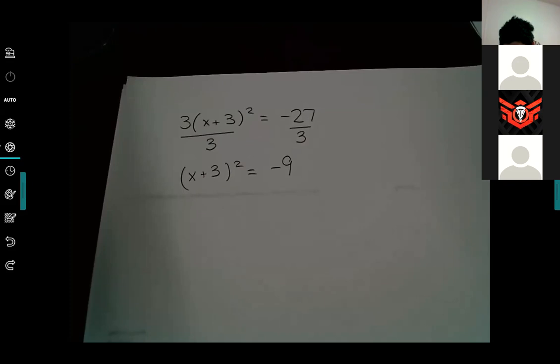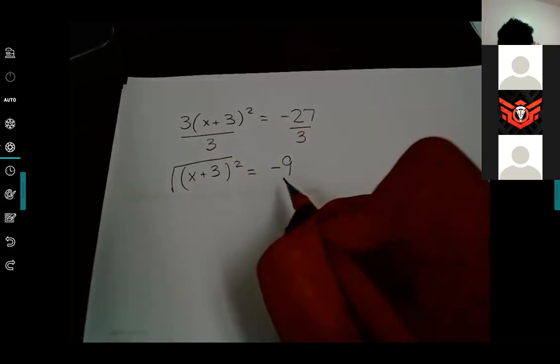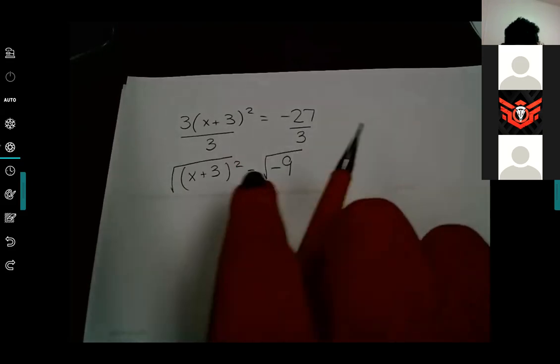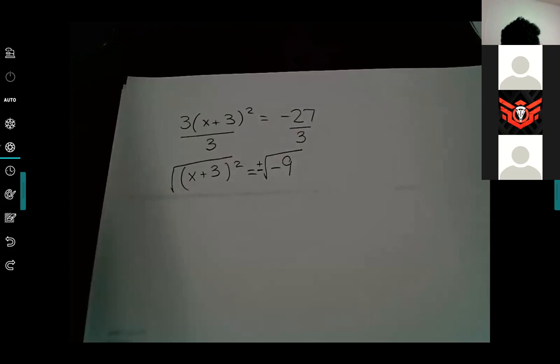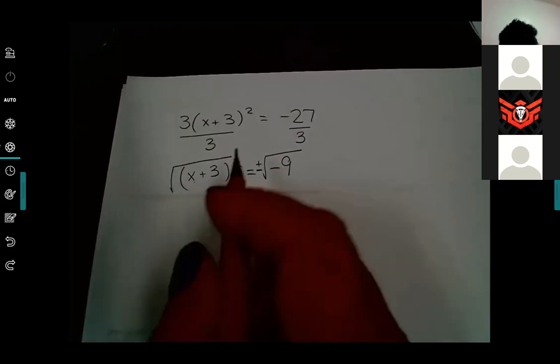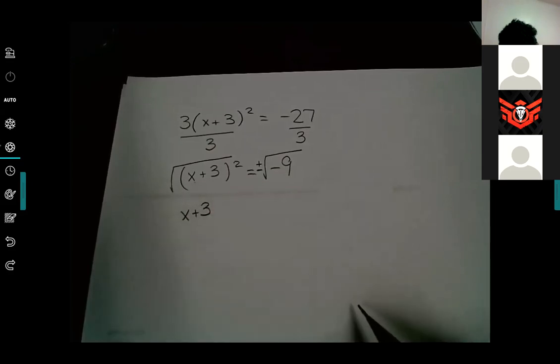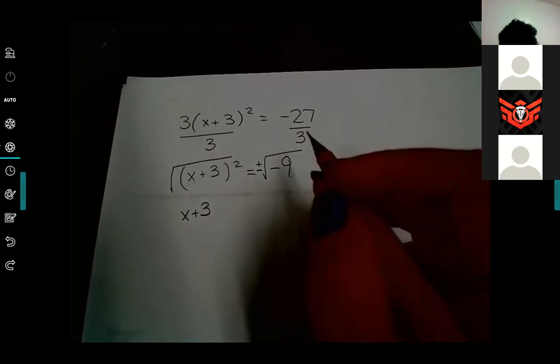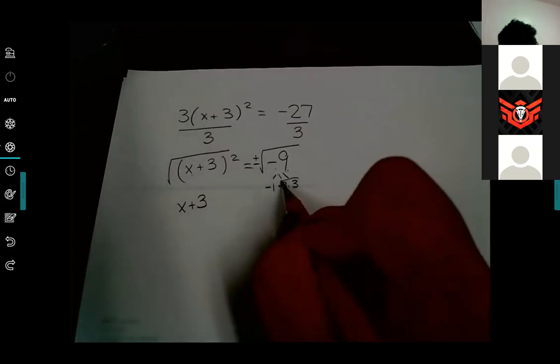You take the square root. The square root of negative 9, and I put a plus or minus in front. The square root of x plus 3 squared is x plus 3. The square root of negative 9, that's negative 1 times 3 times 3. That's 3i.